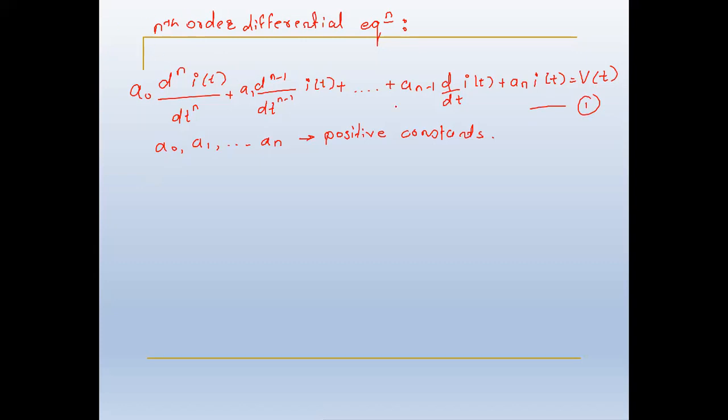So i(t) is the current, which is produced due to the voltage applied v(t). Because it is produced due to voltage v, it is also known as the dependent variable.